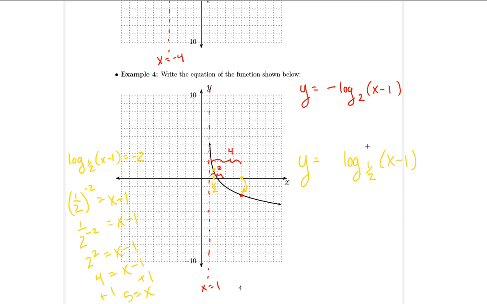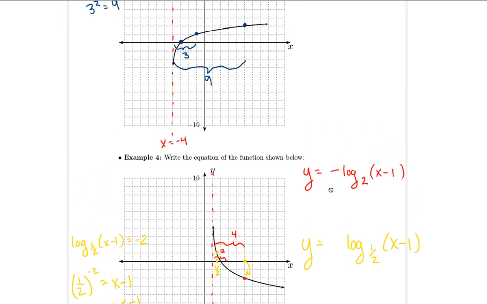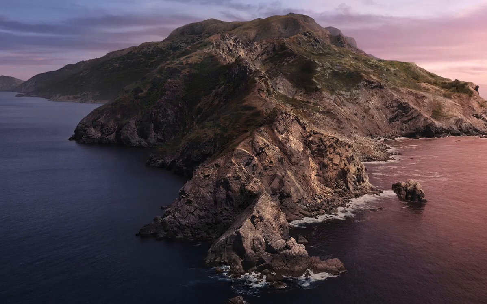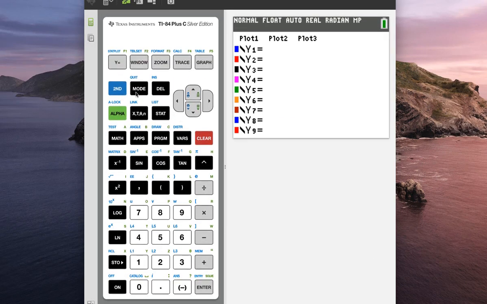The last thing that I'll leave us with here is the fact that if you wanted to graph these functions to double check your work, it's a little bit tricky. Okay, let me pull up my calculator here. So when you look at the buttons you have on your calculator, you'll see the common log, so that's log base 10, and you'll see the natural log, log base e.